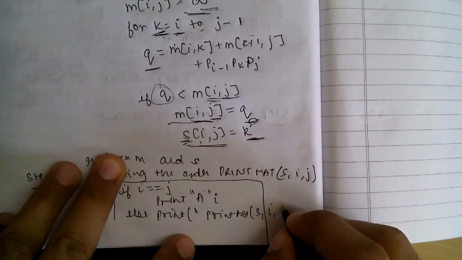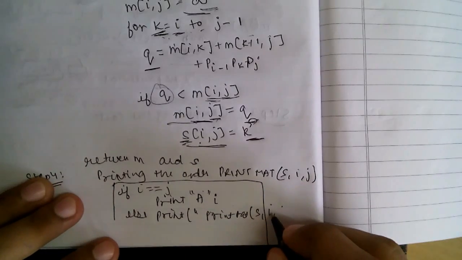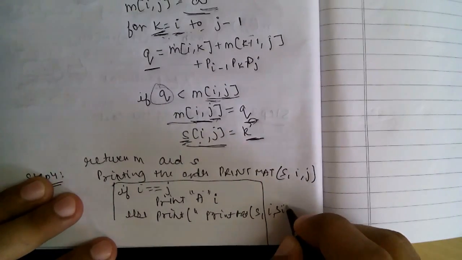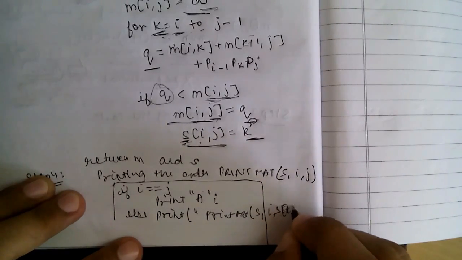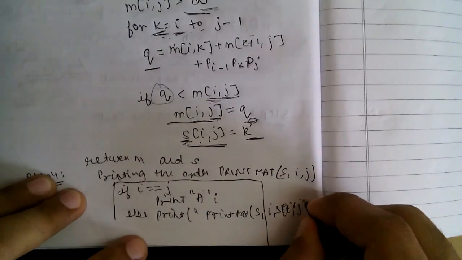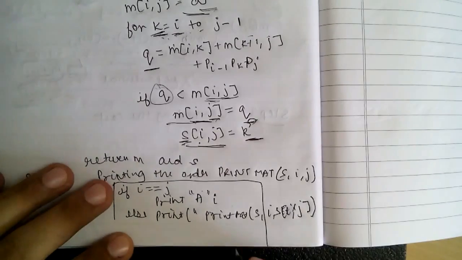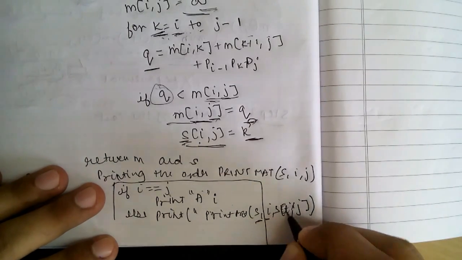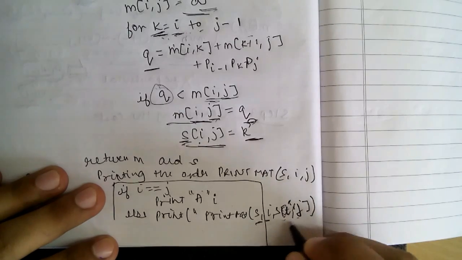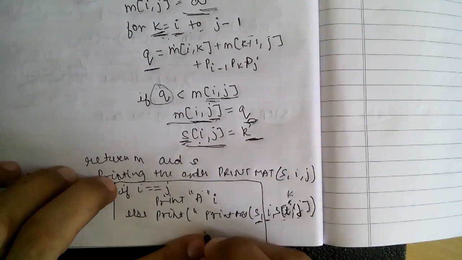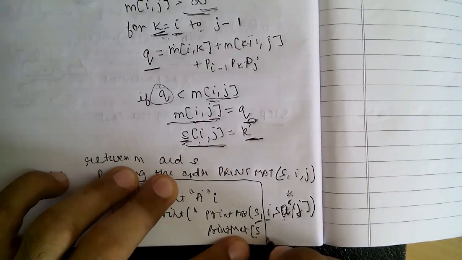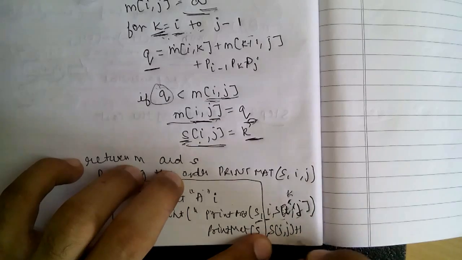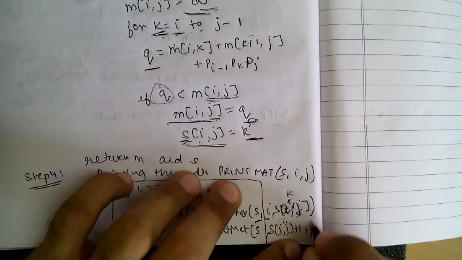And one thing: s of i, j is the place of k where we split, and after that print the same matrix with s of i, j plus 1, that is, the place we split plus one, to j.